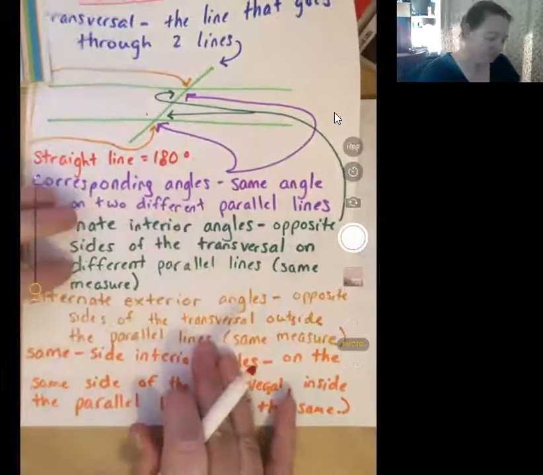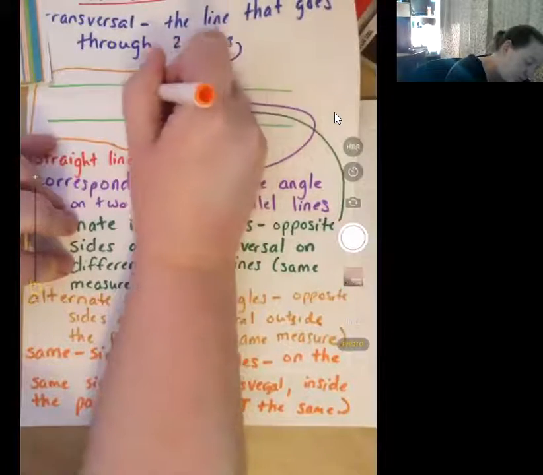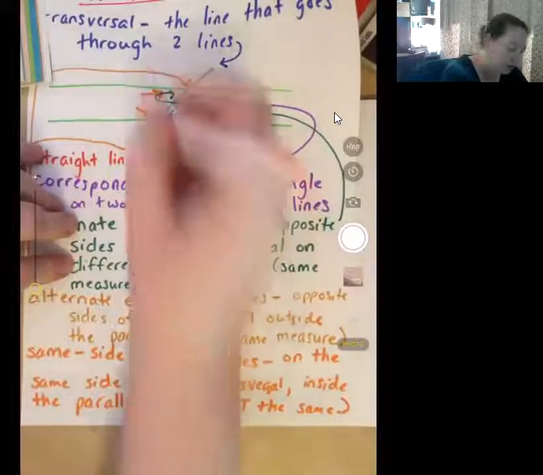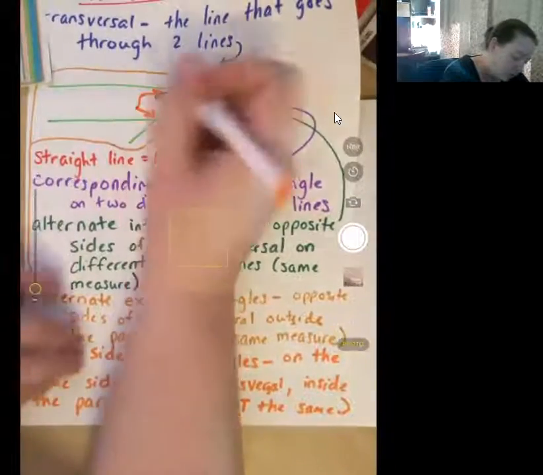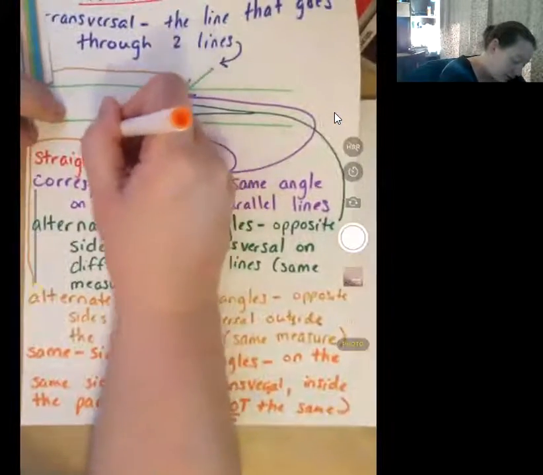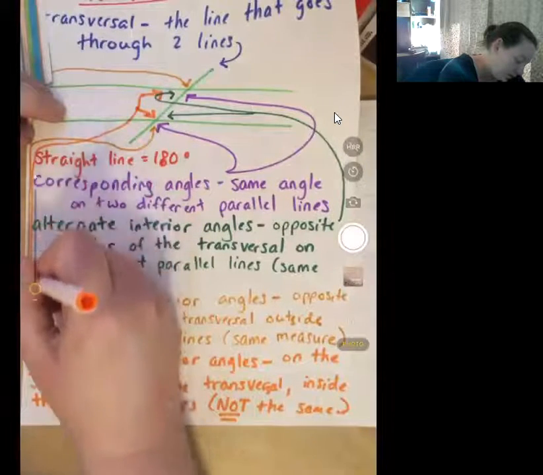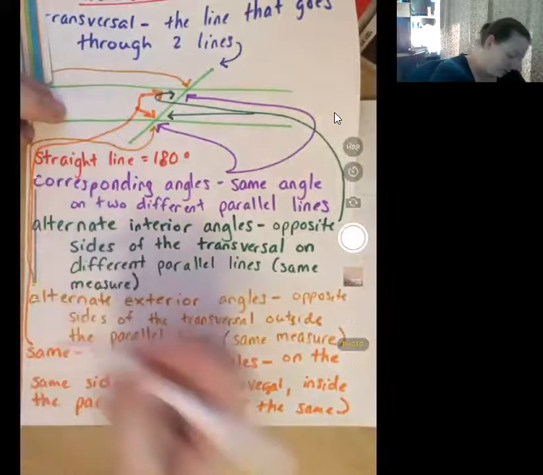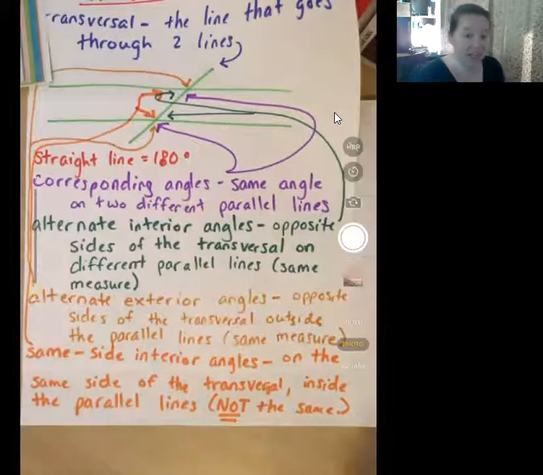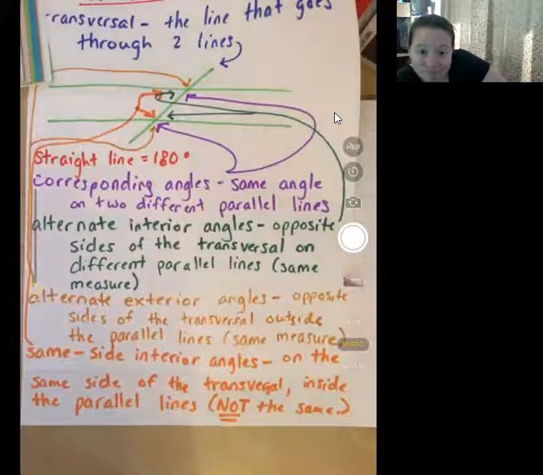Okay, so for these ones, we're talking about this one and that one. Those ones are the ones that we're talking about for the same side. Let me go all the way down here. Okay. So for the same side angles, those are the two that we're talking about.